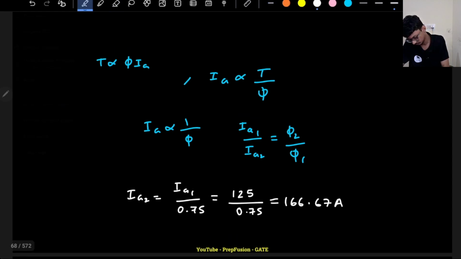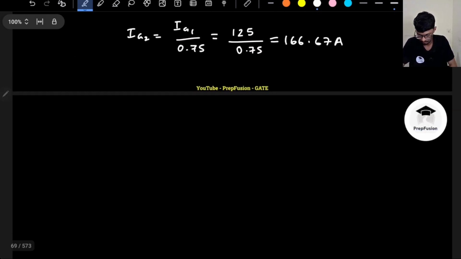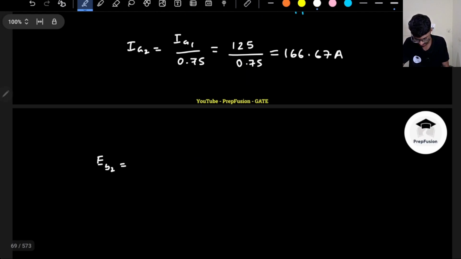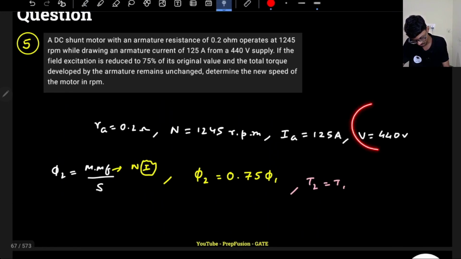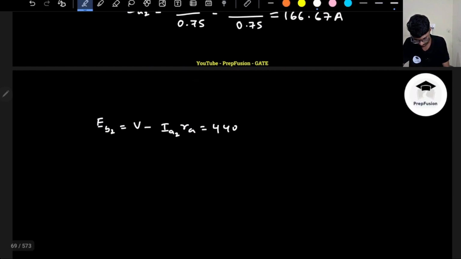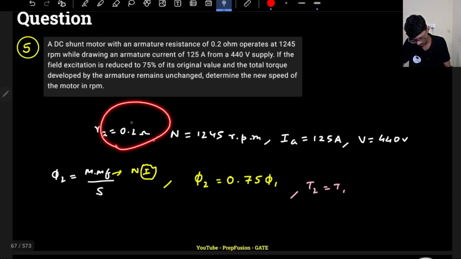Now this is my Ia2. What will be my EB2? EB2 will be simply terminal voltage minus Ia2 into RA. The terminal voltage is 440 volts, Ia2 is 166.67, and RA is 0.2 ohms.